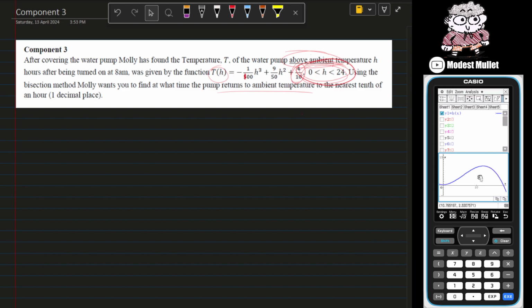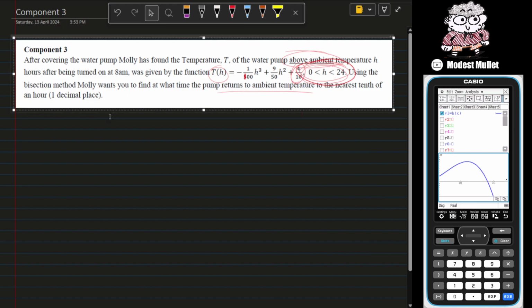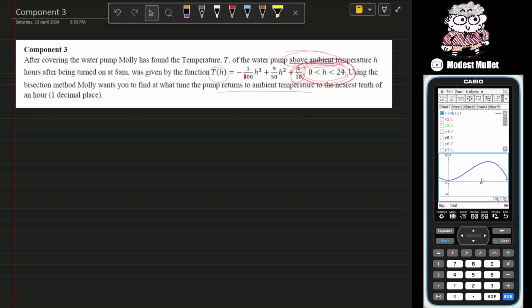There we go. We can see our scale goes up to 14 there, but we have an idea that clearly it comes down and intersects. And we need to find that point using the bisection method to the nearest 1/10 of an hour, so 1 decimal place. So how do we go about that?